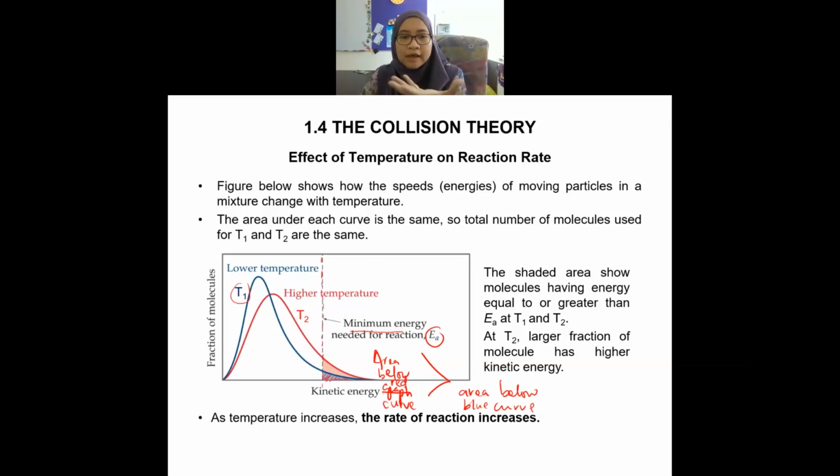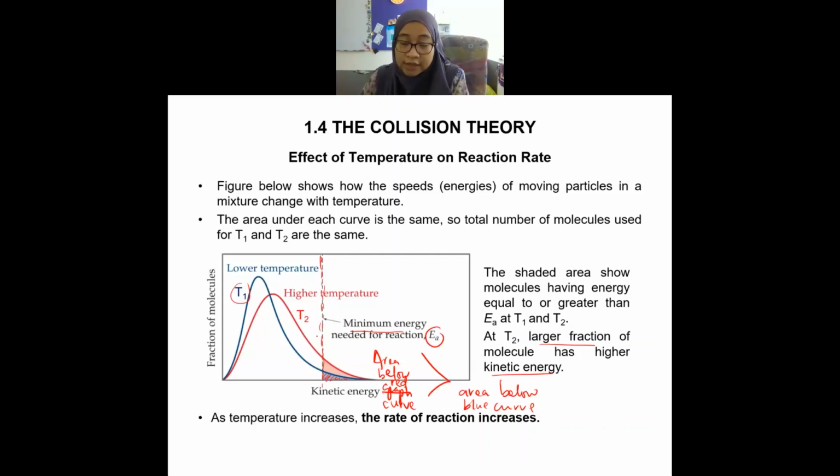More particles have extra energy to overcome the EA. Right, so the shaded area shows molecules having energy equal to or greater than EA at T1 and T2. At T2, a larger fraction of molecules has higher kinetic energy.